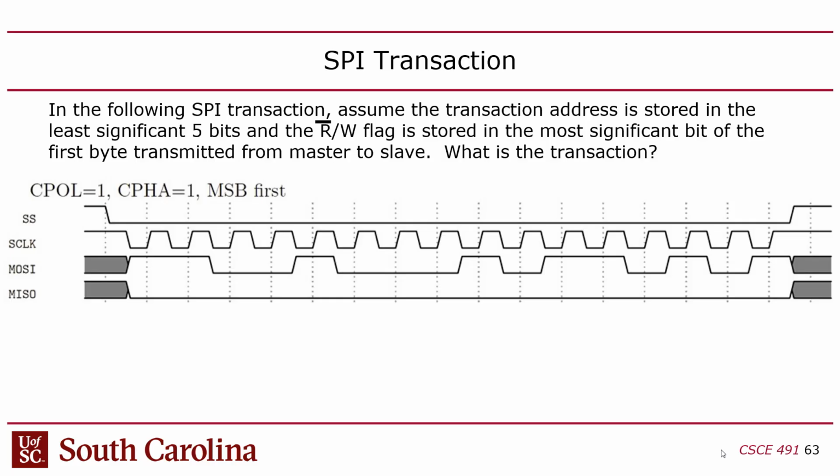What is the transaction? Well, I can already tell it's a write because this thing's dead. Of course, that's not to say that you can't send all zeros on a read. You could read something from a peripheral and it may read zeros, in which case this would still be dead. But if that were the case, MOSI would be dead, its second half would be dead, right?